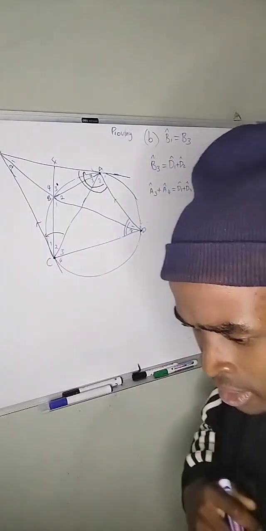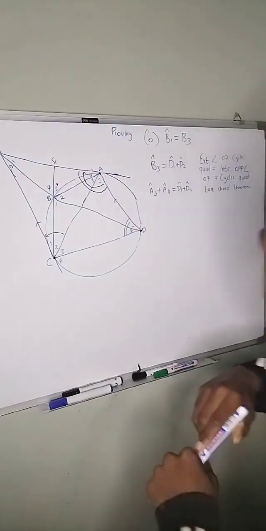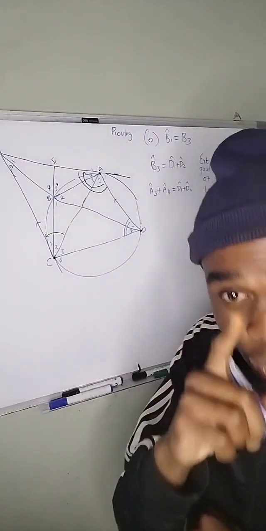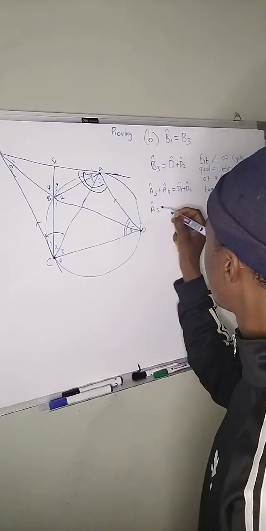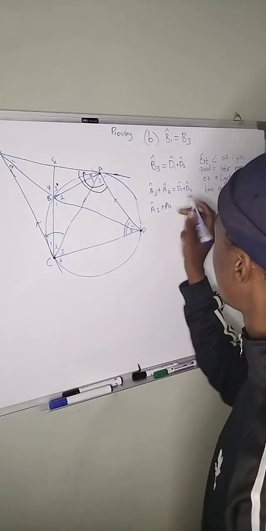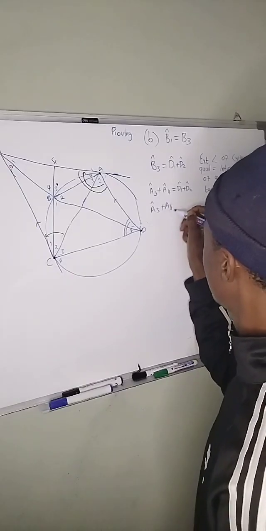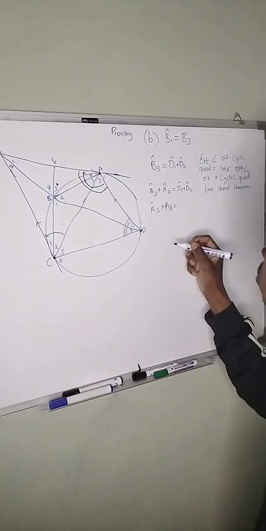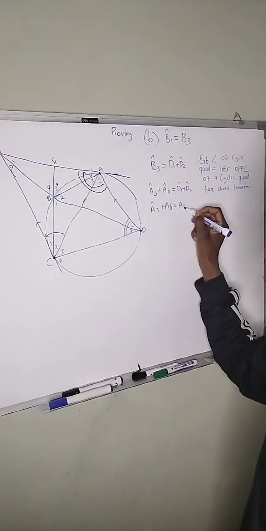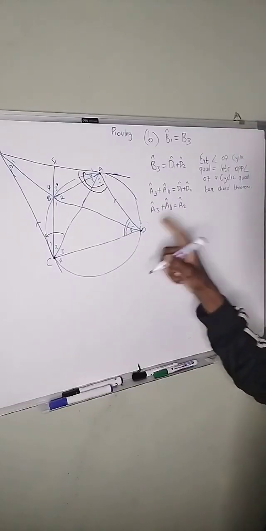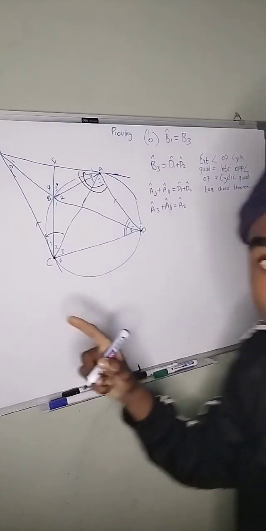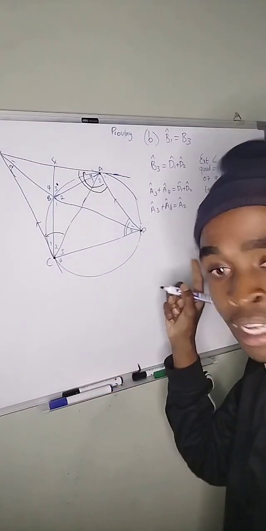Let's see. So now, remember, we proved that A3 plus A4 is going to be equal to A2, right?